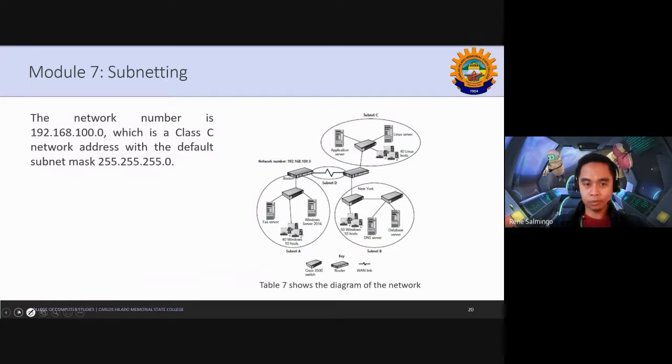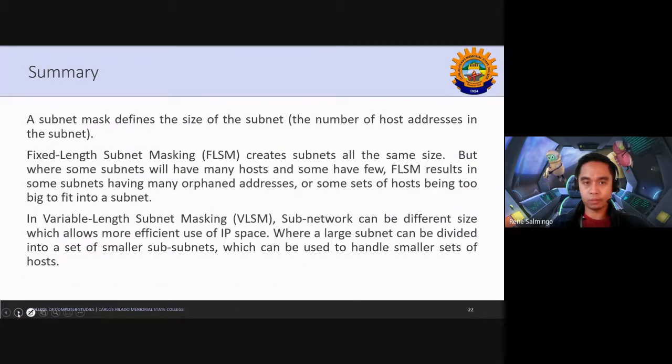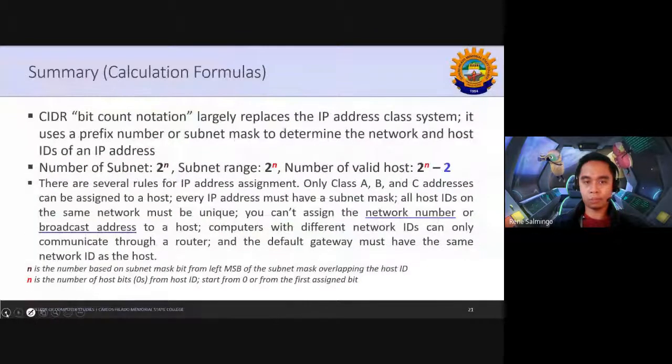Any more questions? None. So this is the summary for our lecture. This is the only thing that you need to identify, and I will share this recording afterwards. So we finished discussing fixed length subnet mask and variable length subnet mask, and this will be helpful in our subnetting.